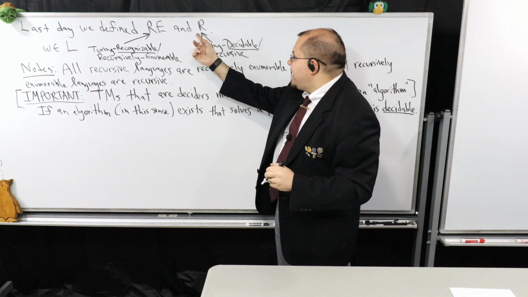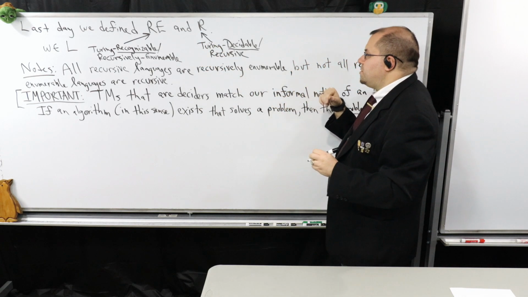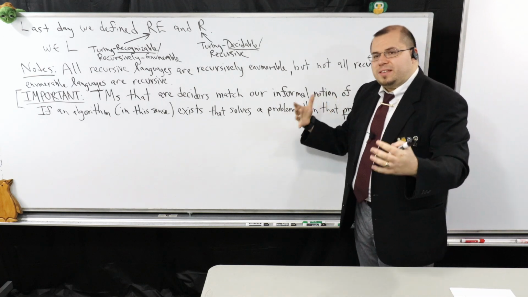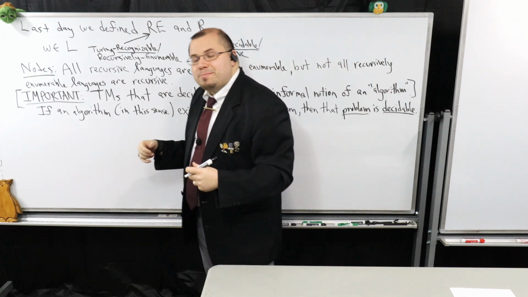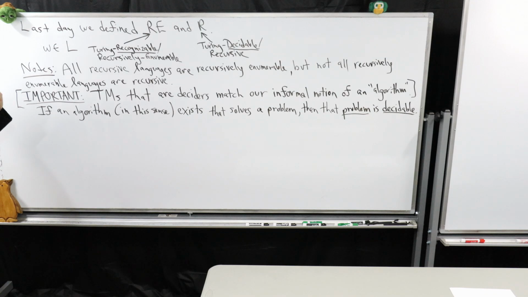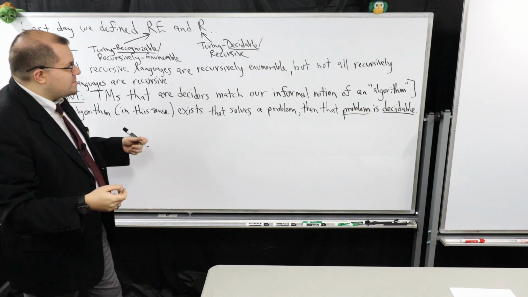Then there's this other set, the so-called recursive languages. This one imposes the additional property that the Turing machine must halt on all inputs. Remember, that means we're considering Turing machines we call deciders.